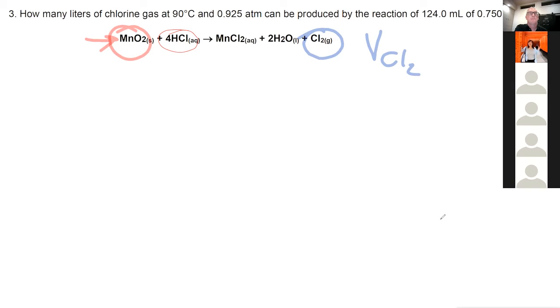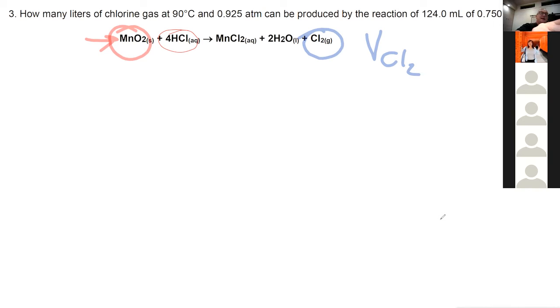Nope. You have to have the Roman numeral, because it's a transition metal. Is that manganese 4? That's right.